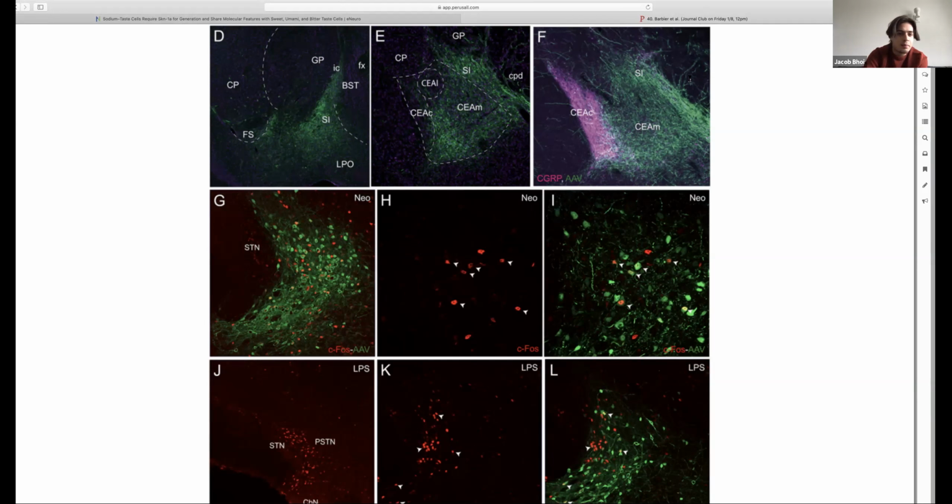And then the next thing they did was they looked at cFos. G through I is from the neophobia, and J through L is from the Cygnus. And so you can see that there's overlap in the cFos staining induced by the novel experience and those TAC1 neurons from the AAV injection.